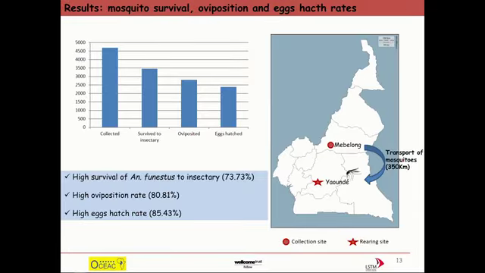So as first results, we collected around 4,400 mosquitoes, and we got a high survival rate, high oviposition rate, and also high hatch rates. This means that almost all mosquitoes were already inseminated at the time they were collected.